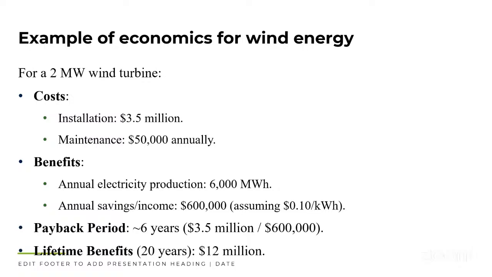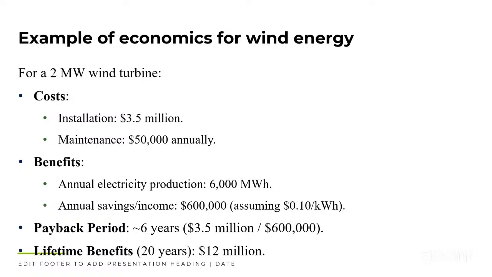And in terms of saving, if you are selling a kilowatt hour at $0.1, you will get approximately $600,000 in annual savings. And if you really want to go to the lower rate of 0.05, then you still have $300,000 in savings.